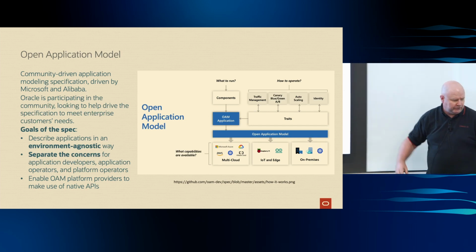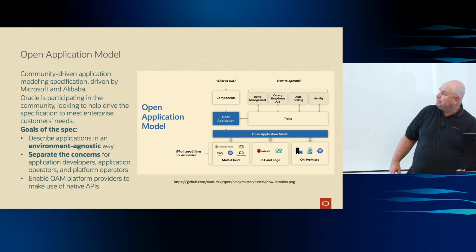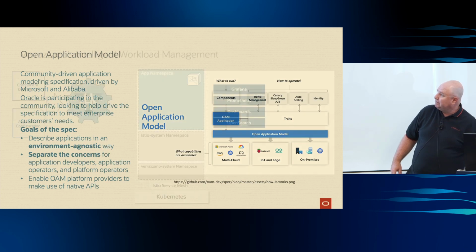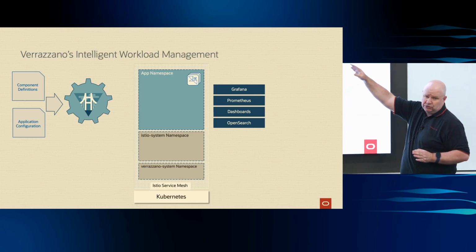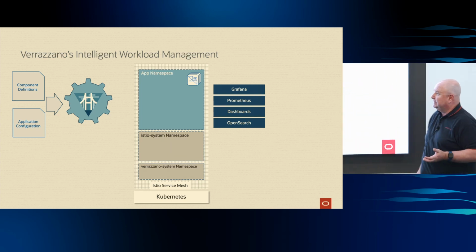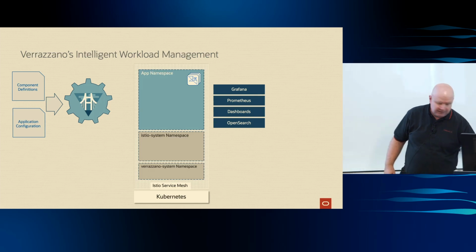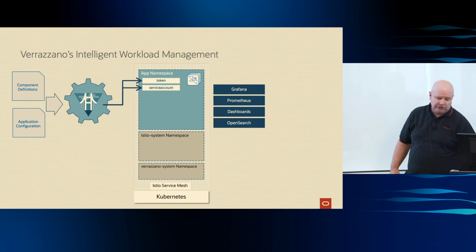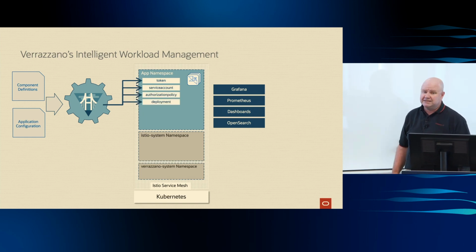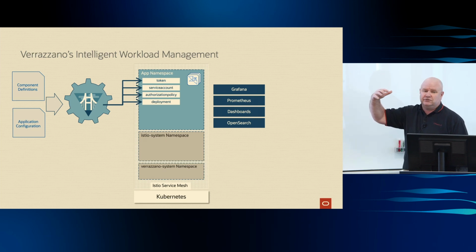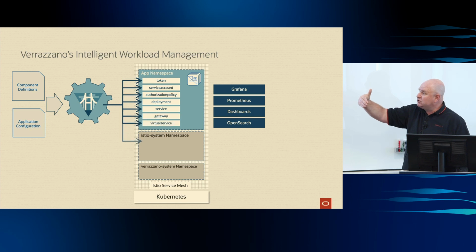So whenever you describe your application with OAM, with Open Application Model, generally these are 2 YAML files that could be consolidated into a single one, and you pass it to Verrazzano. Then Verrazzano creates for you the security token, service account, and all necessary Kubernetes artifacts to make all those containers run together on different clusters, and also packages them into Istio.